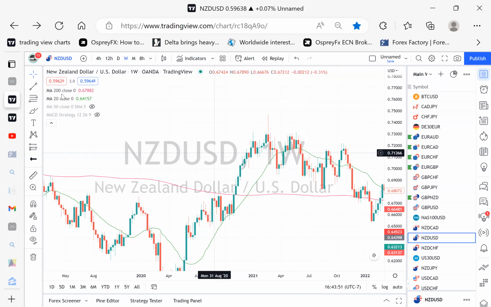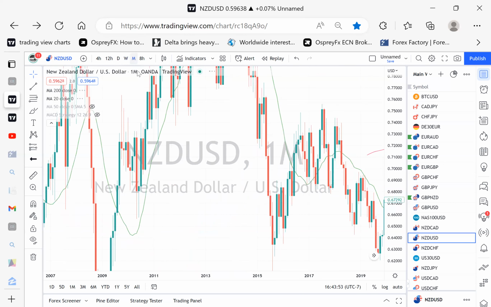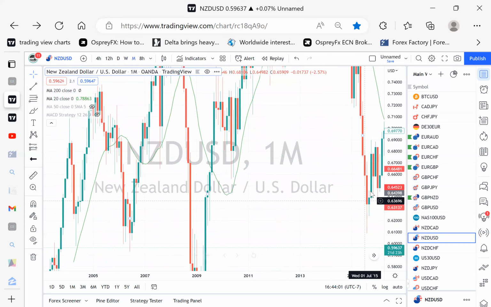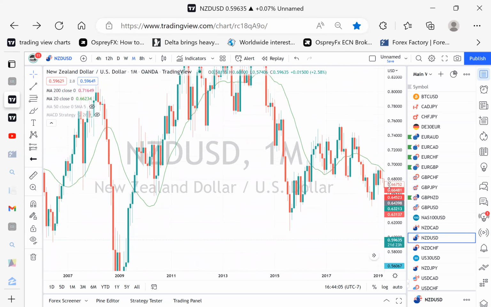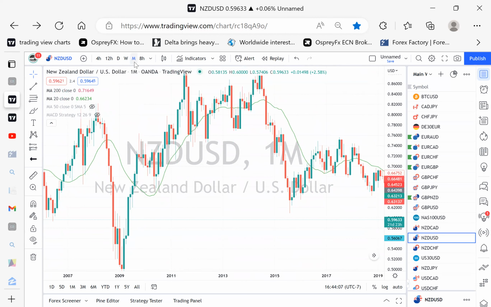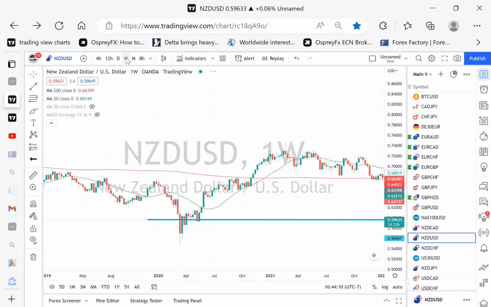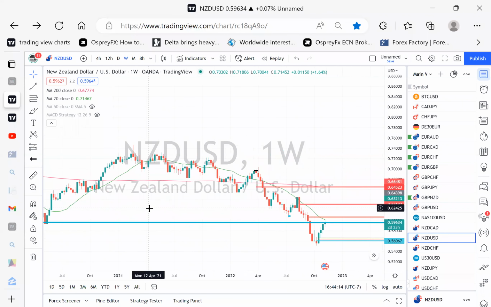In my opinion, the monthly order block will give you cascading moves too. So I don't have to rely on a moving average to tell me when we're going to go higher or lower. But you can definitely use that to help you with your analysis if you need to.